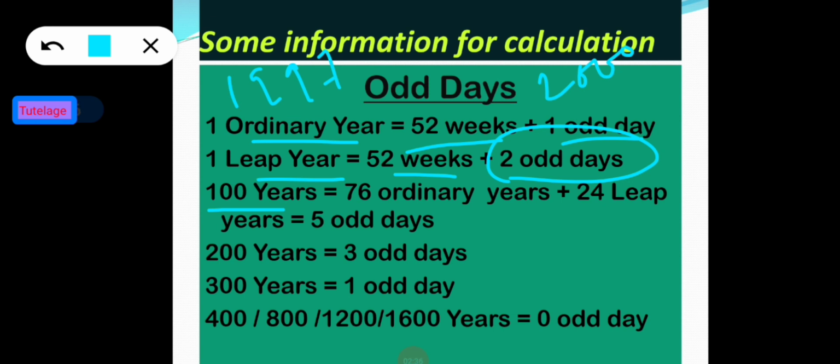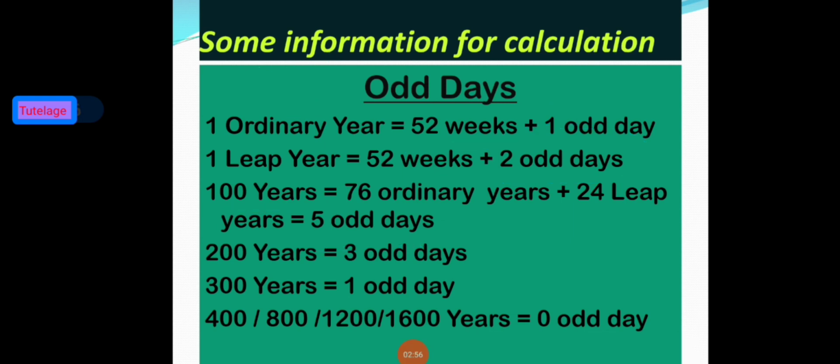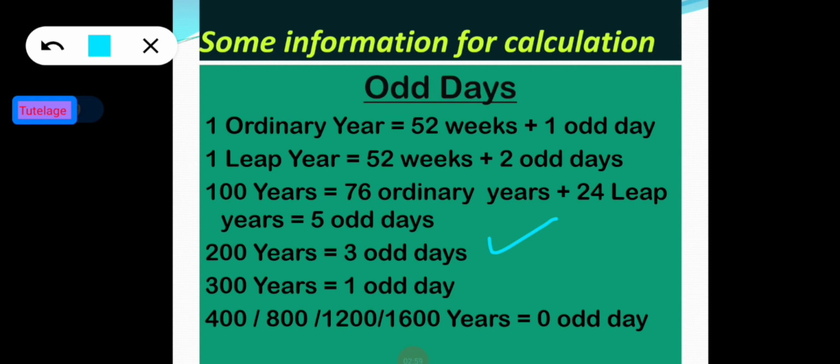One leap year equals 52 weeks plus 2 odd days. 100 years equals 76 ordinary years plus 24 leap years, that equals 5 odd days. 200 years indicate 3 odd days. 300 years indicate 1 odd day, and 400, 800, 1200, 1600 years indicate 0 odd days. That means there is no odd day, all days are even.